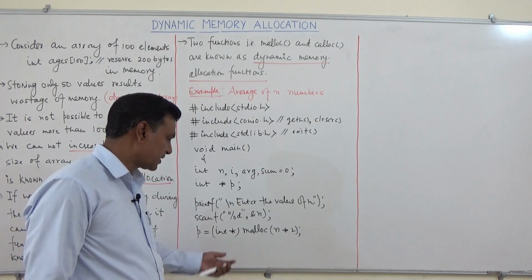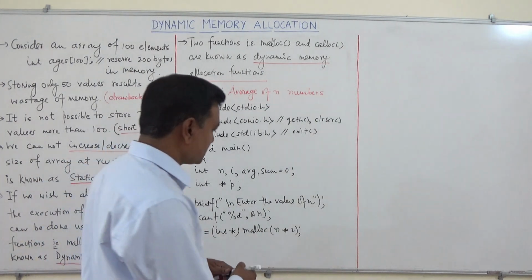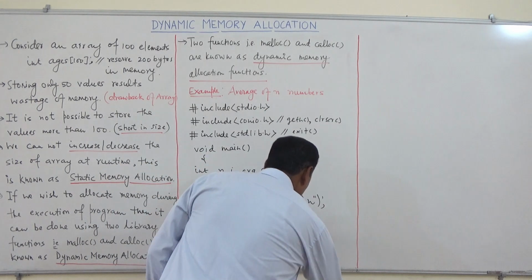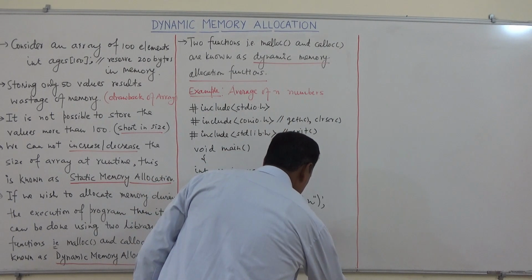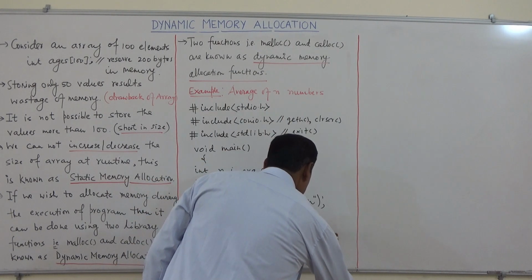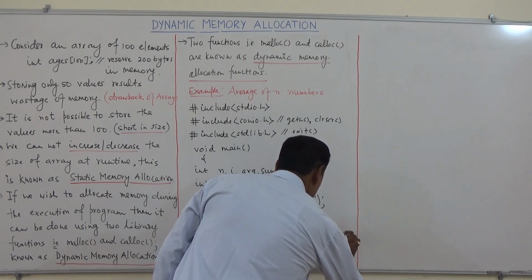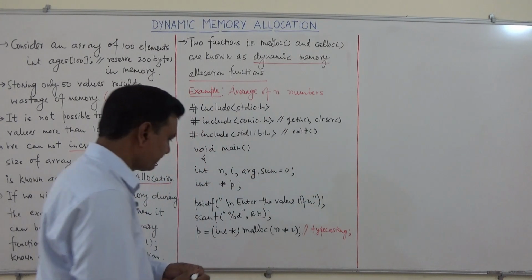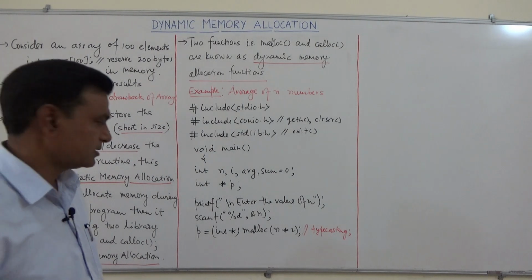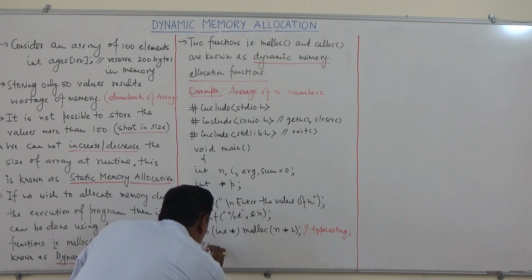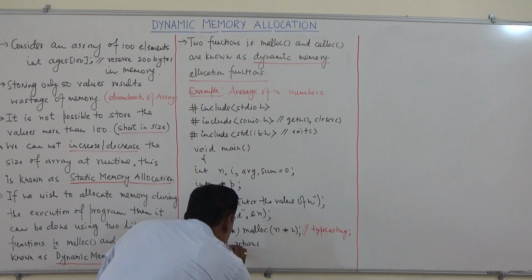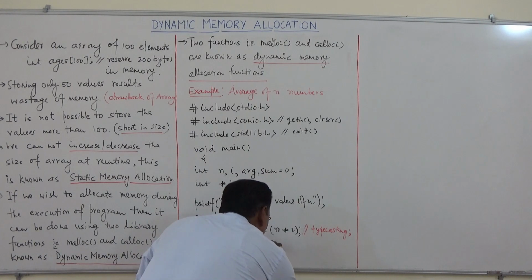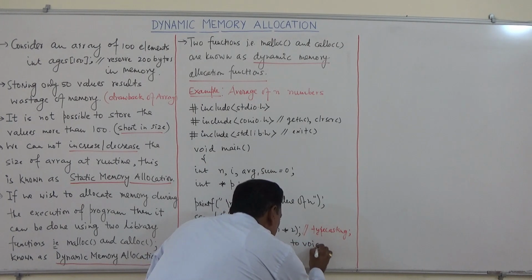Here we are doing this typecasting. This typecasting is necessary because malloc returns a pointer to void.